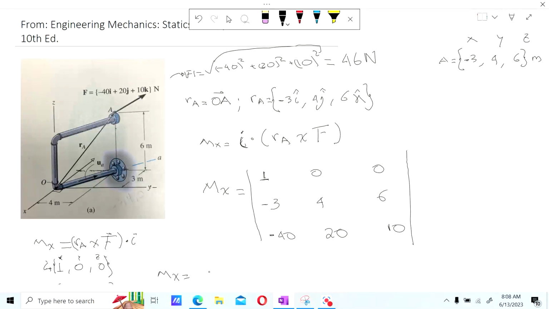This operation is going to be 1 times cross, so cancel this line, cancel this line, and cancel that line. And then it's 4 times 10, which is 40, minus 20 times 6, which is 120.